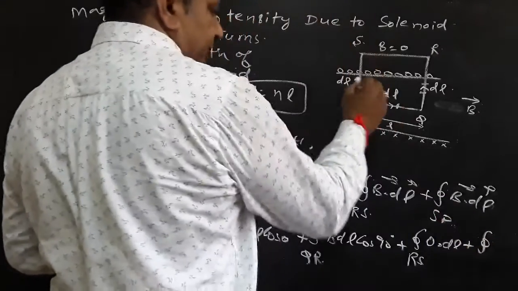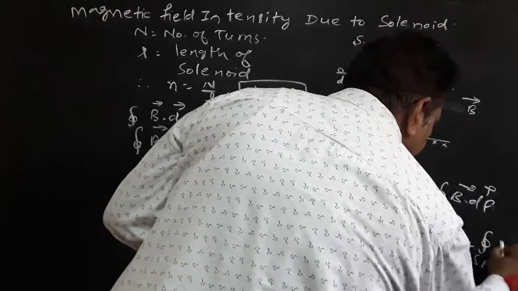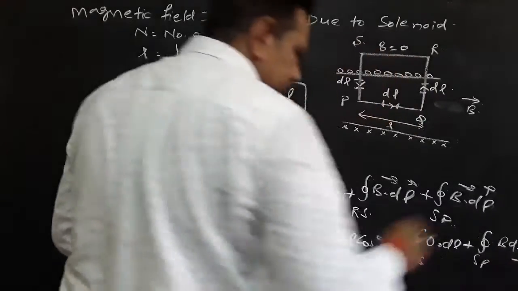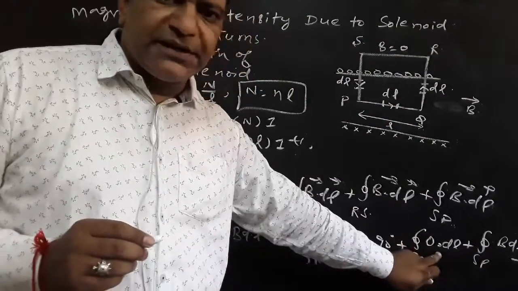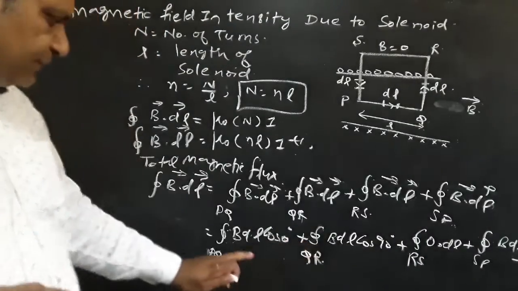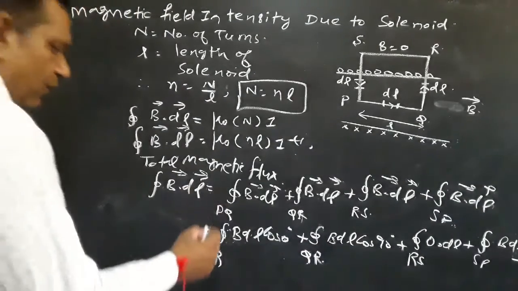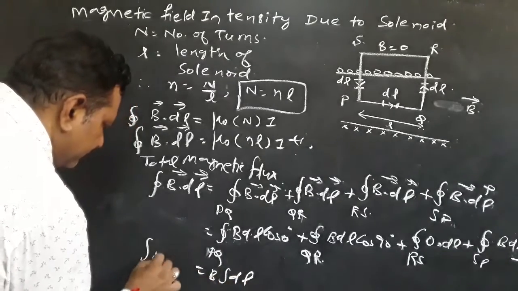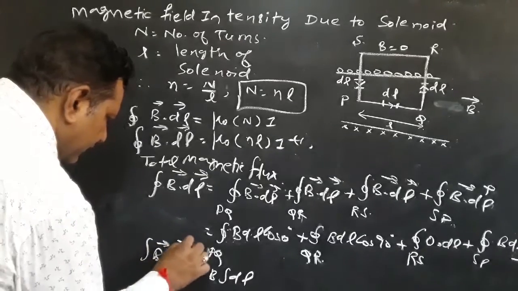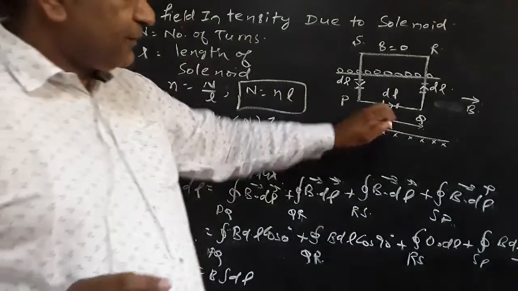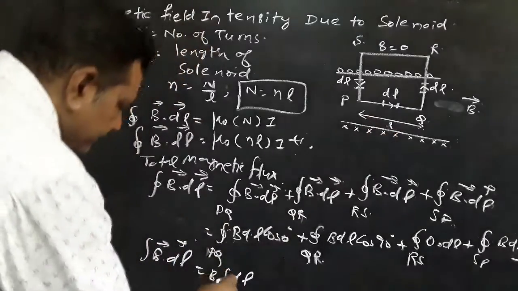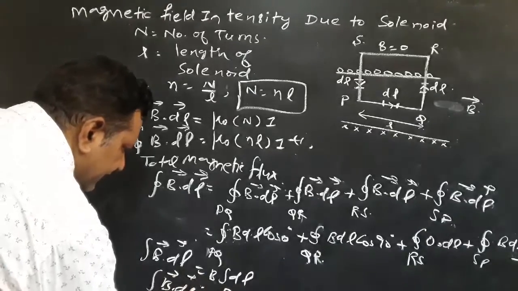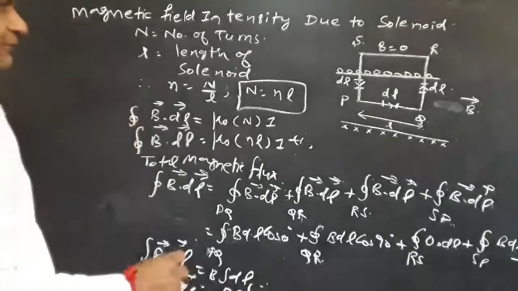For SP we can write B into dl cos 90. Cos 90 is 0, so this product is 0. Cos 0 is 1. So we only get B into dl. If we integrate dl, then we get the total length L. So B dot dl is equal to B into L, equation number 2.